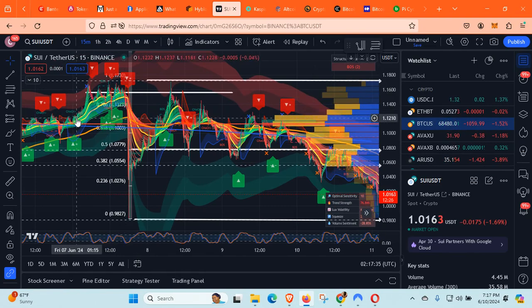If I got my entry here at around $1.12, and I come across to here, the entry is at about $1.12. So then I think, well, do I just want to be break even? So I'd say, hey, I can move my stop loss up to here and get stopped out at $1.14, even though it got up to a high of $1.17.